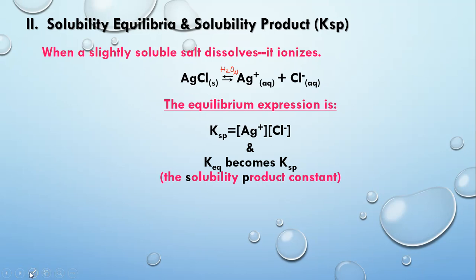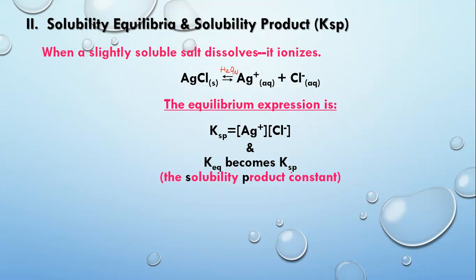So KEQ, or just K if you will, is the equilibrium constant. With acids we called it Ka, with bases we called it Kb, with pressure we called it Kp, with water we call it Kw. Well, the capital K is your equilibrium constant, and when you see a special designation as a subscript, that is just adding emphasis to the specific type of equilibrium system you're looking at.